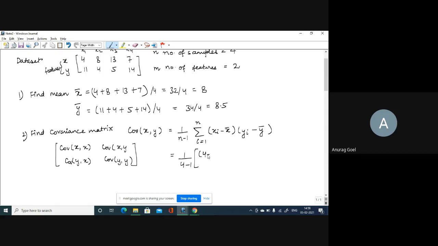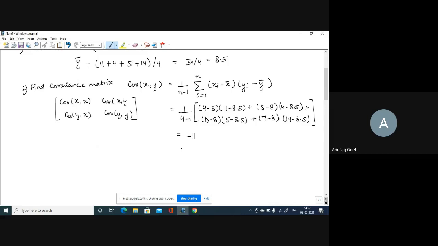So 4 minus x bar, which is 8, that is 4 minus 8, into yi which is 11 minus 8.5, plus 8 minus 8 into 4 minus 8.5, plus 13 minus 8 into 5 minus 8.5, plus 7 minus 8 into 14 minus 8.5. If you solve it, you'll get minus 11.